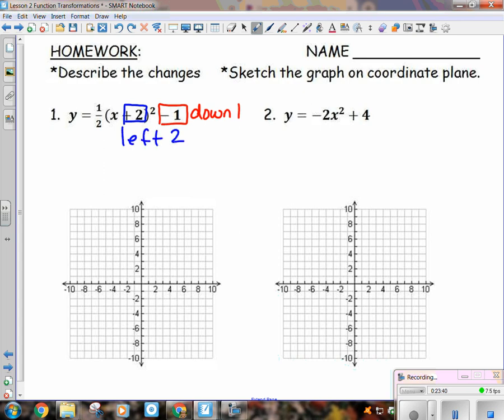It's going to go left 2. The last thing I'm noticing is, we have a factor of 1/2 in the very front. That's my a value. So that tells me, is it going to vertically stretch or is it going to vertically shrink? And I realize right now I should have done something. All right. The back of your sticky.